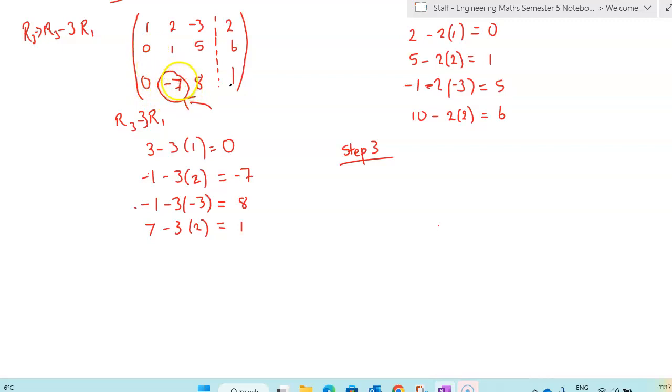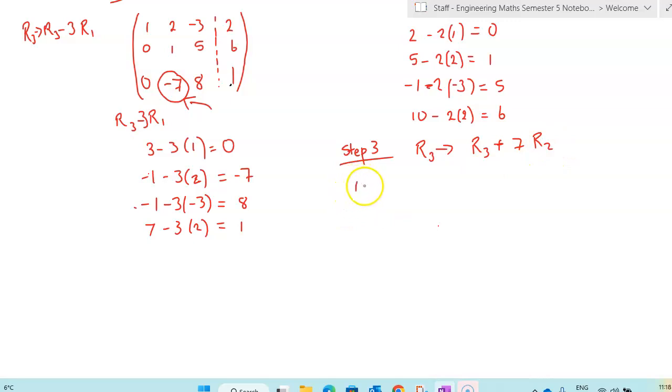If we say minus 7 plus 7, it would be 0. So row 3 now becomes row 3 plus 7 row 2.